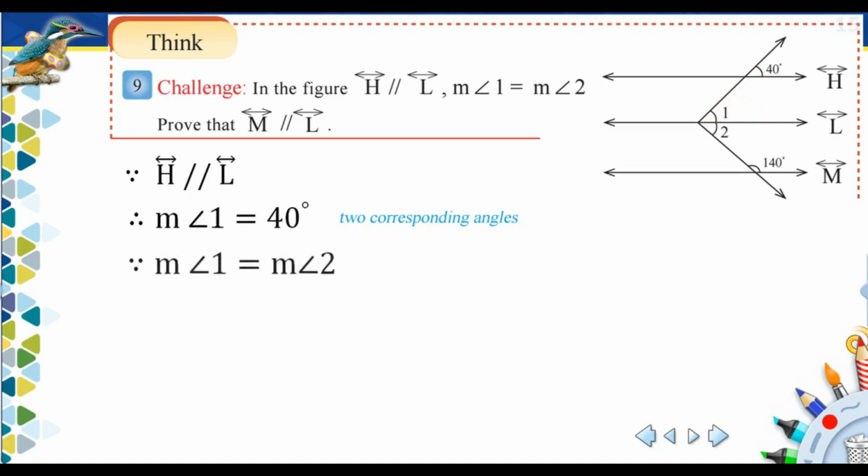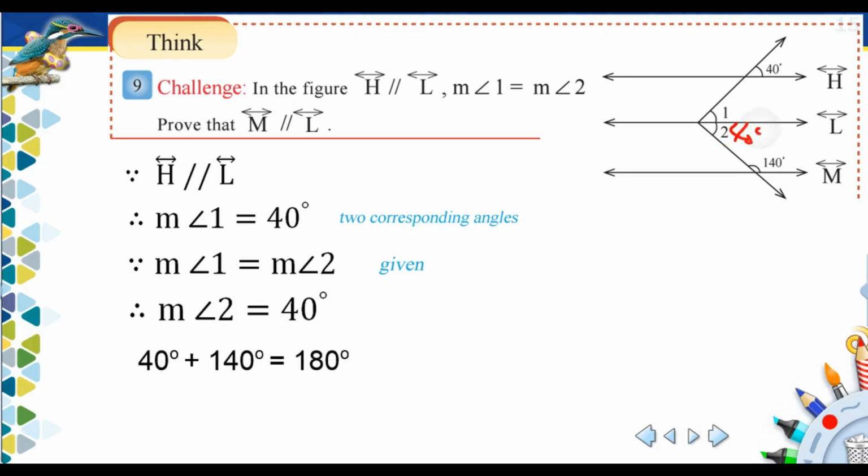And also measure of angle 1 equals measure of angle 2, that is given in the question. Then measure of angle 2 also equals 40 degrees.